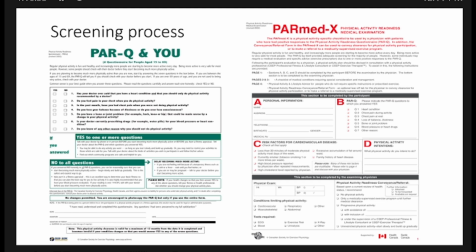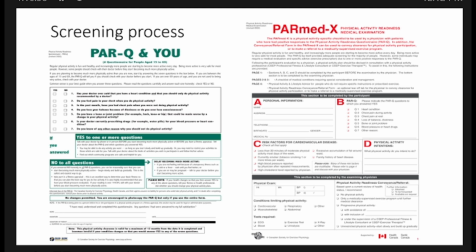If somebody wants to do exercise and is a non-medical person, then they can fill in these 7 questions. It is about asking whether you have any symptoms when you are exercising, chest pain or dizziness, whether you are on any kind of drugs, whether you are having any joint pains. So if anything is positive out of these 7 questions, then you have to go to a medical person like the doctor.